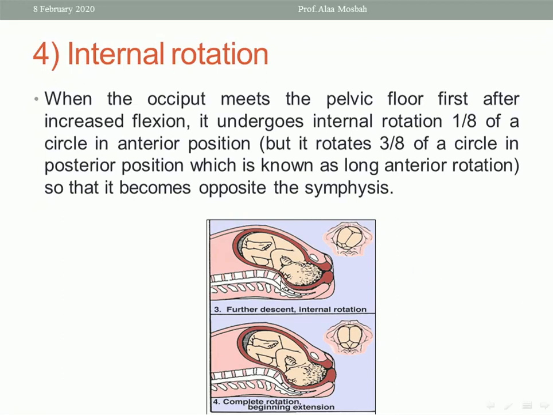The occiput becomes opposite the symphysis pubis, as you see here in the picture. This is the occiput opposite the symphysis pubis after rotation. So rotation is 1/8 circle, and the occiput becomes opposite the symphysis pubis. This is called internal rotation.